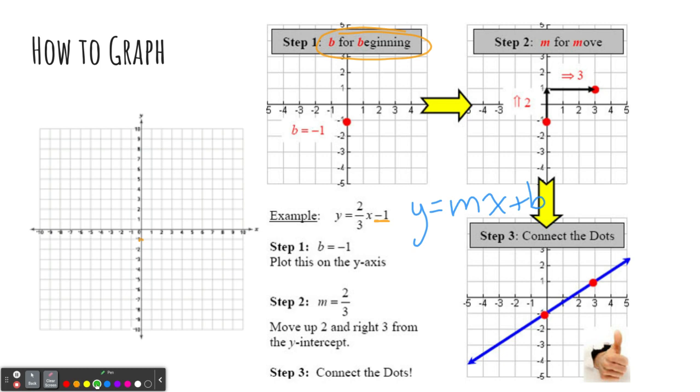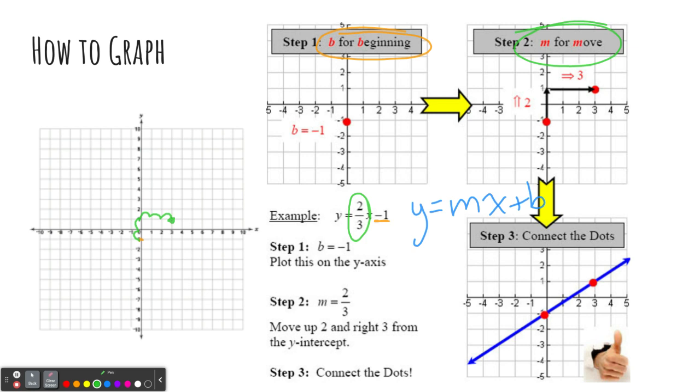Step 2 is m for move. So we're going to look at our slope. 2 over 3. That means we're going to go up 2 over 3. So going up 2 over 3 from my orange point gives me this new point.